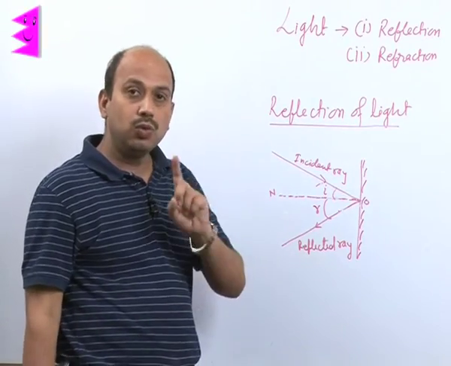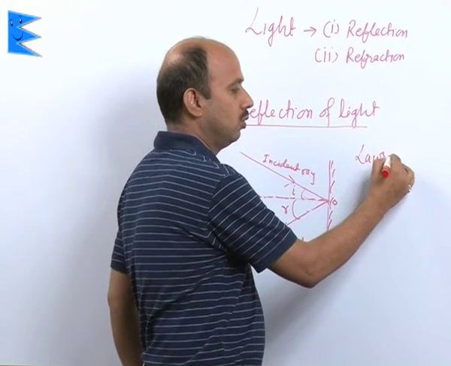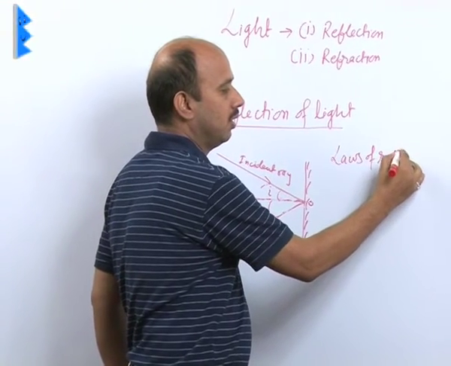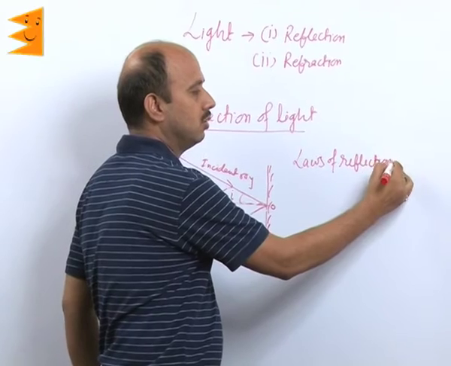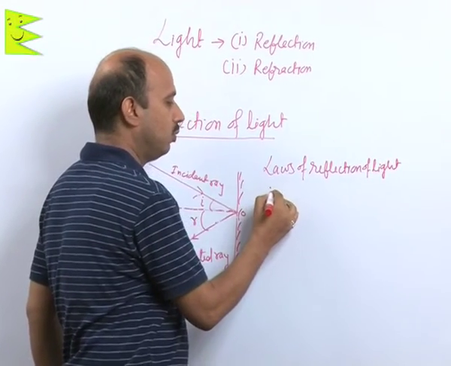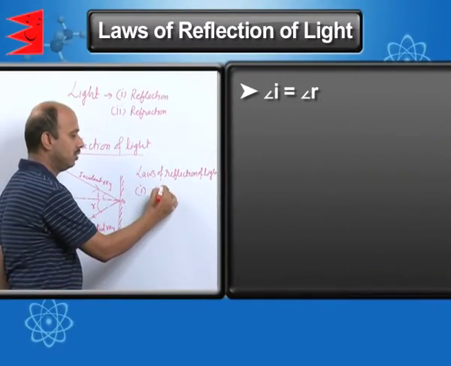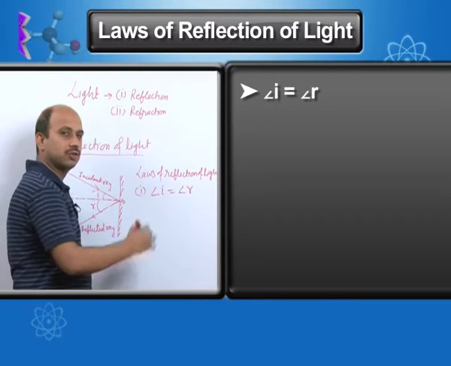There are two laws of reflection of light. First one is: the angle of incidence is equal to the angle of reflection.